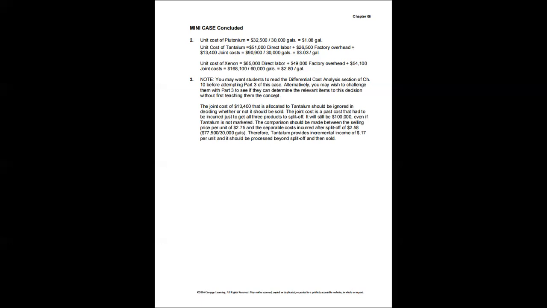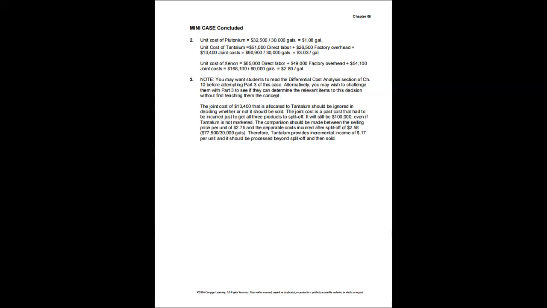The joint cost is a past cost that had to be incurred just to get all three products to split off. It will still be 100,000 even if the tantalum is not marketed.